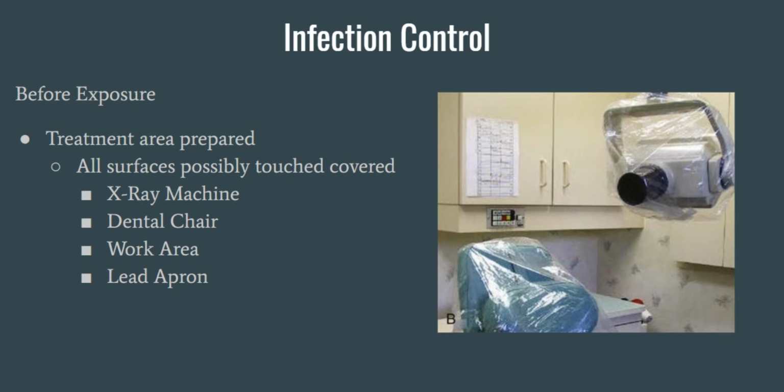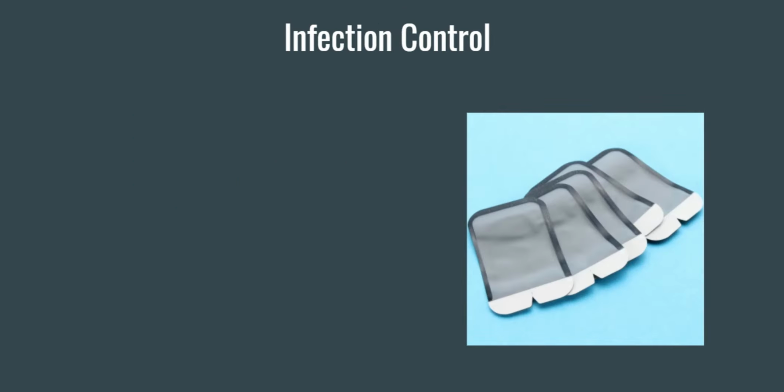The work area, so the counter space where you have all of your supplies set up, and then the lead apron. I will say that typically in my own personal experience, the lead apron isn't usually covered. It's something that's difficult to cover, but be aware that it is something that will need to be cleaned and disinfected after use.